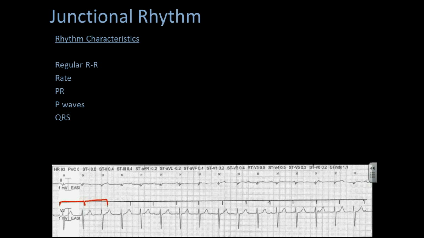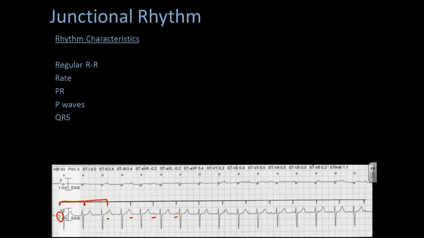So here's a P wave, and everywhere that there's a little line above it, that's the atrial rhythm. You can see a P wave there and there. Everywhere there's a little mark, there's a P wave either hidden or visible, and you can follow it through.